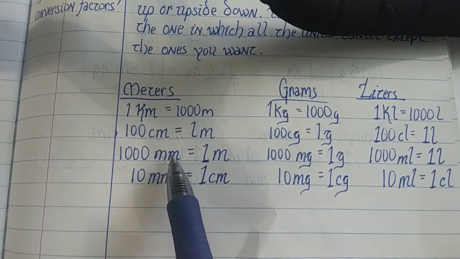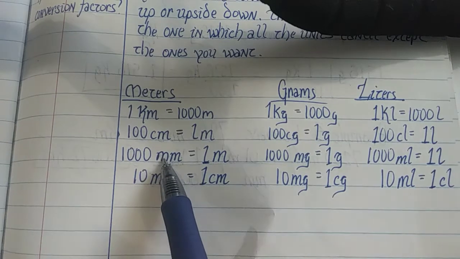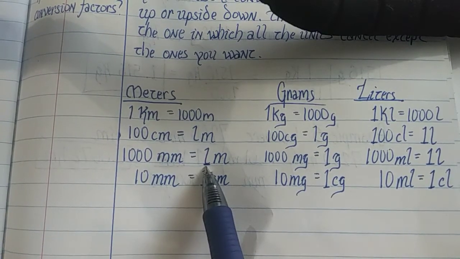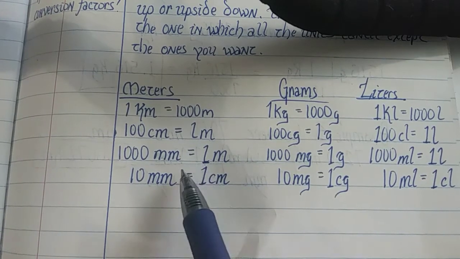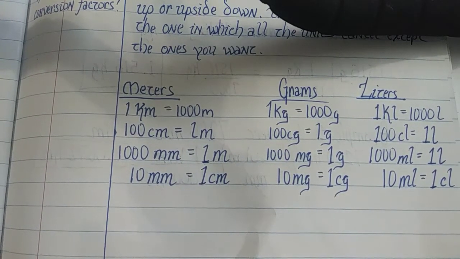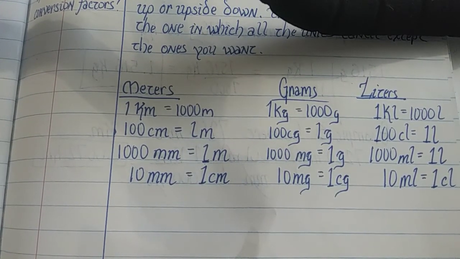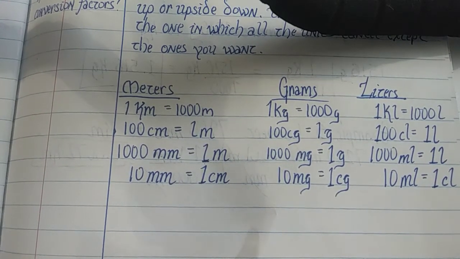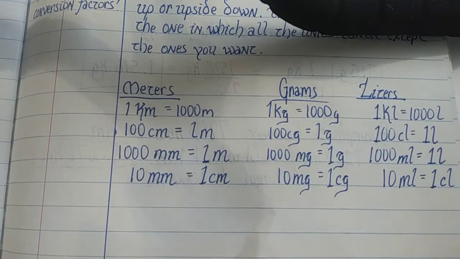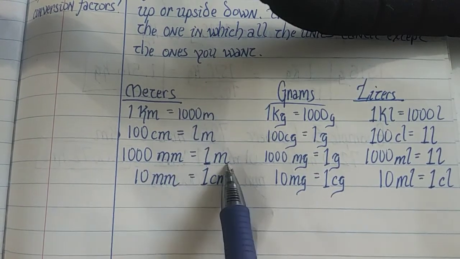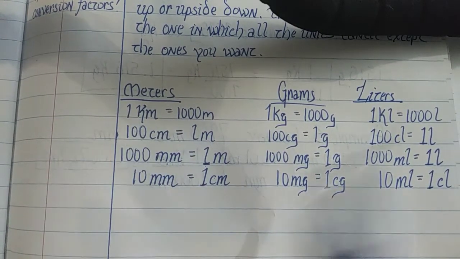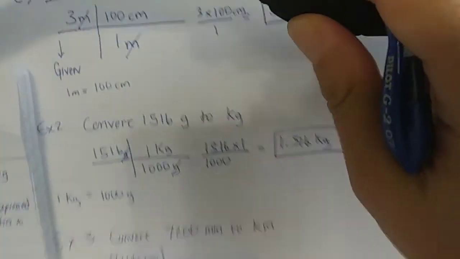But we do have millimeters to meters and then meters to kilometers. So that's why this is 2 steps, because we have to get to kilometers from millimeters. And so we're going to go from millimeters to meters, because we know that one. And then we're going to go from meters to kilometers. So 2 conversion factors.